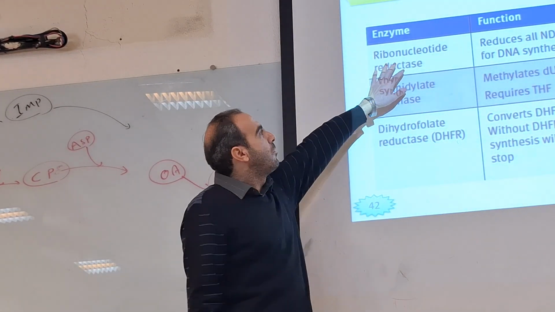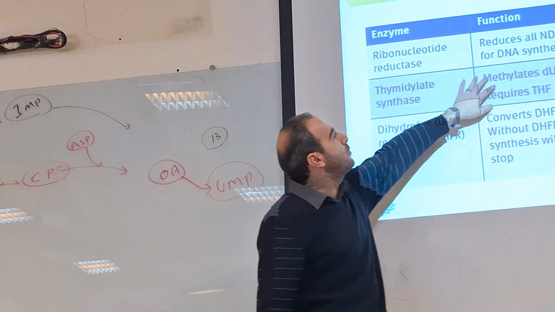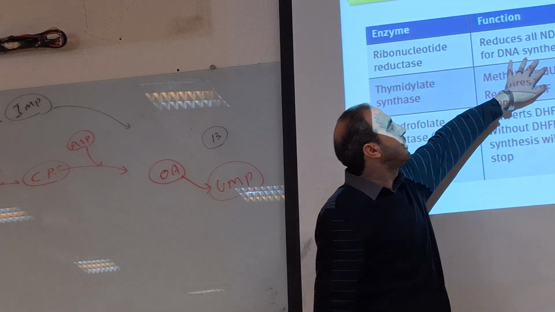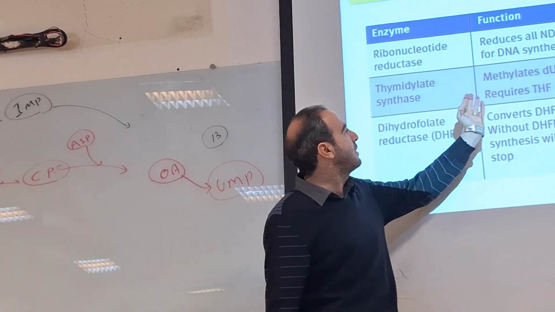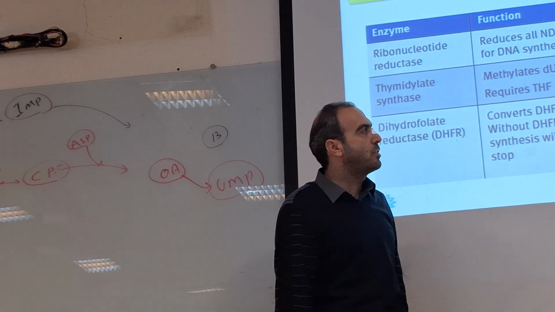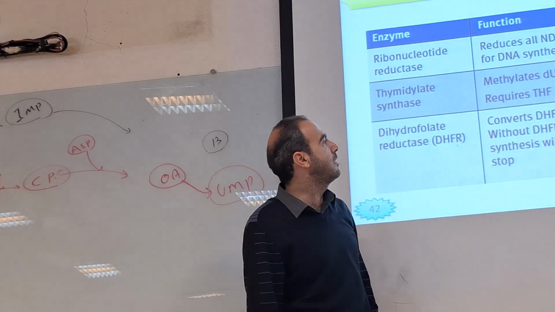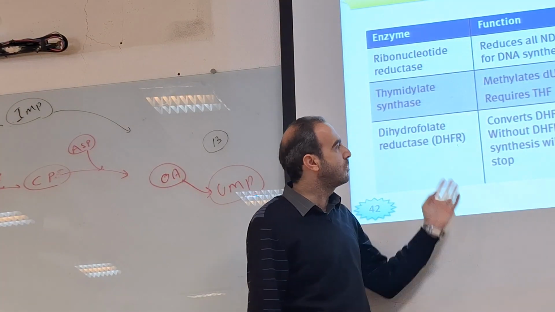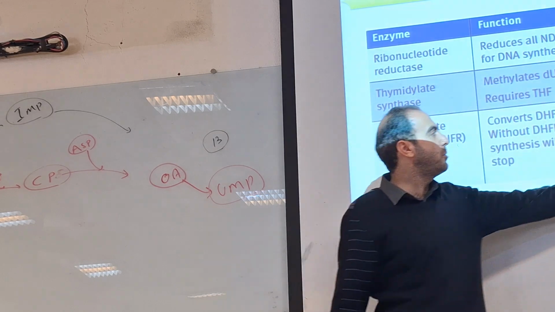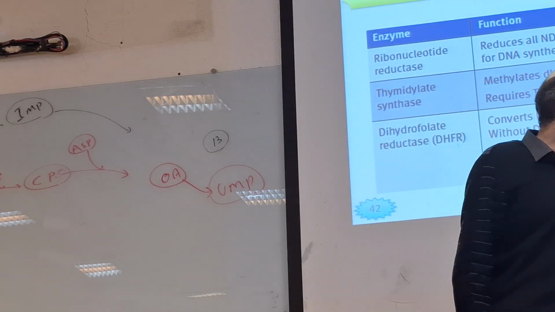TMP is for DNA, dTMP. We have the enzyme ribonucleotide reductase, which reduces all NDPs to dNDPs. We also have thymidylate synthase, which 5-fluorouracil inhibits, and dihydrofolate reductase, or DHFR, which is inhibited by methotrexate, pyrimethamine, or trimethoprim.